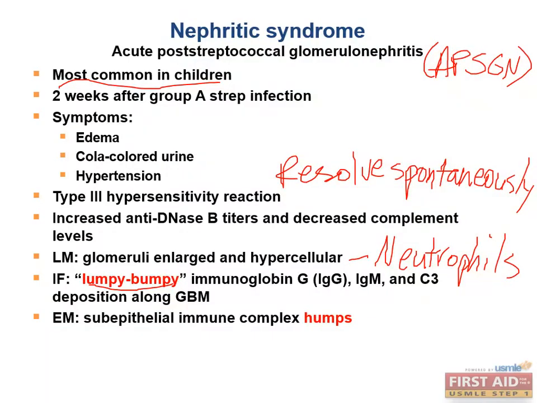And on electron microscopy, we'll see subepithelial humps, and that will be a key word pointing to APSGN, lumpy, bumpy, and humps. And that's also due to the deposition of immune complexes. So, 2 keywords to take away for APSGN: lumpy, bumpy, and humps.